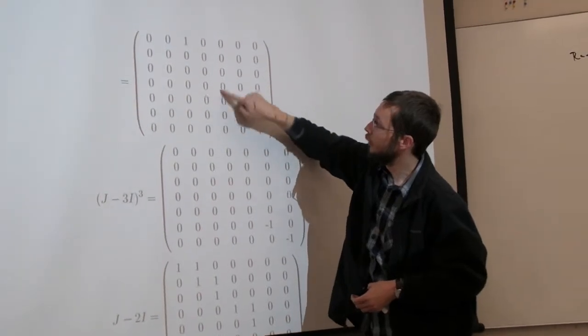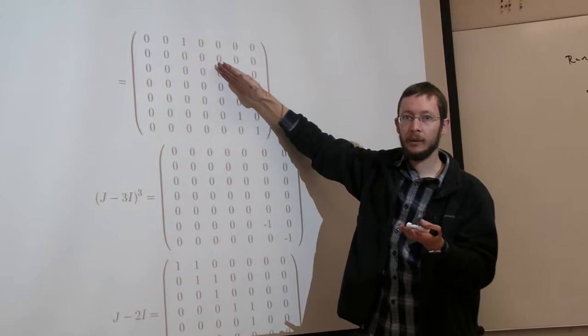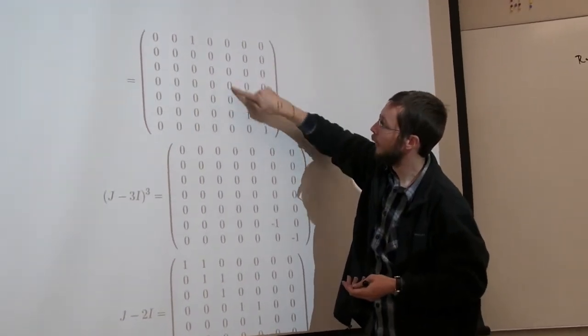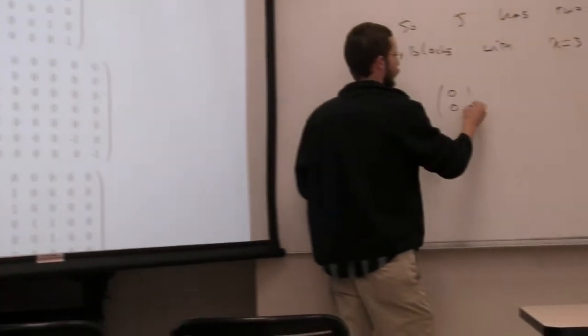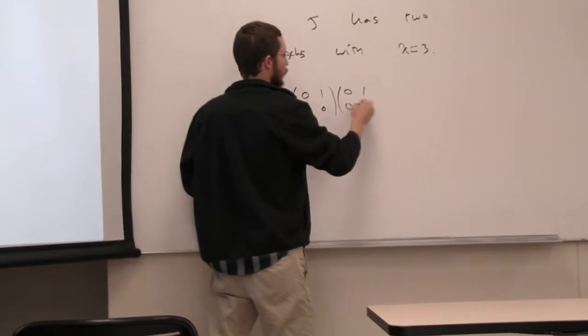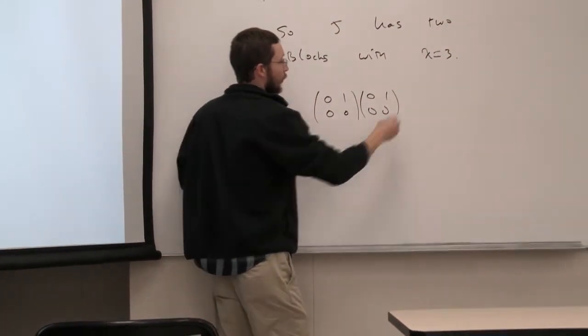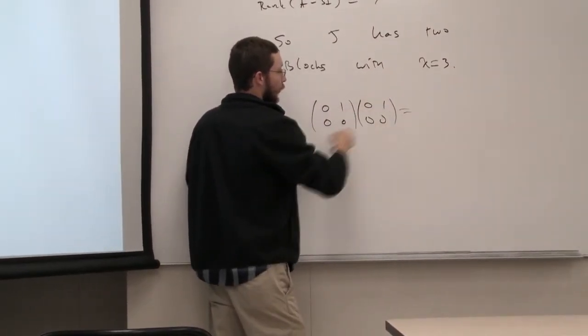But since this 2 by 2 block just had a 1 in this upper corner, there's no more diagonal positions for that one to jump to. When you take the matrix 0, 1, 0, 0 times itself, there's no more diagonal position for this thing to jump to, right? You multiply this out, you get 0, 0, 0, 0.